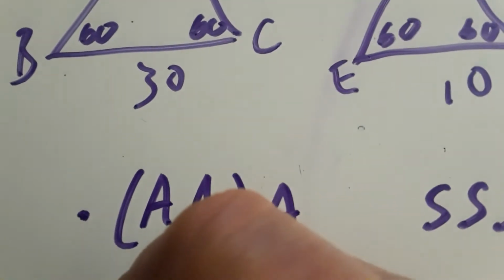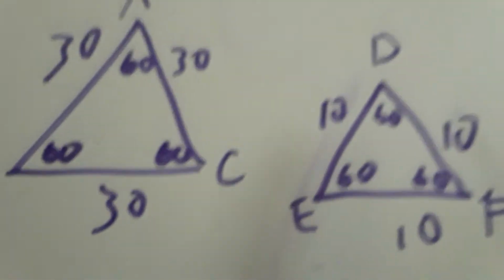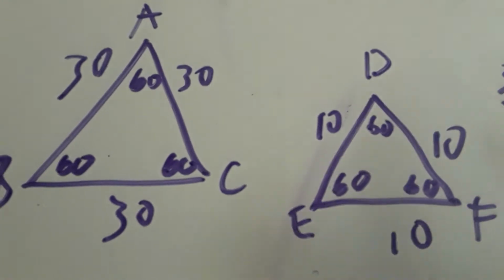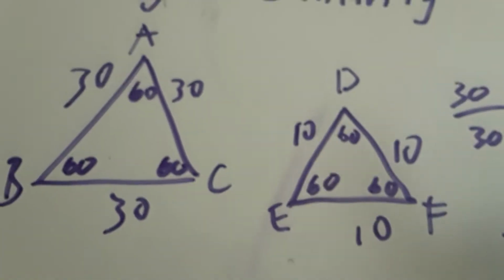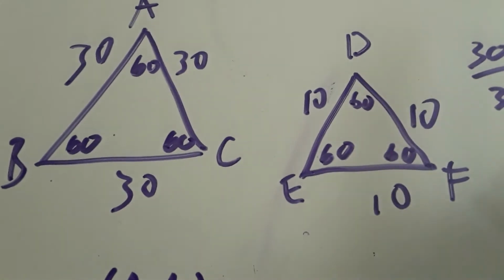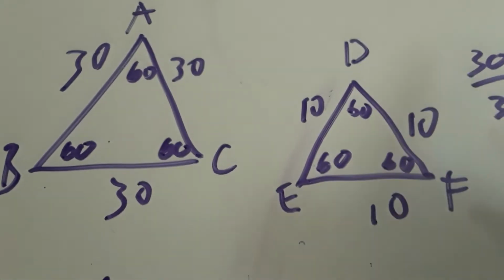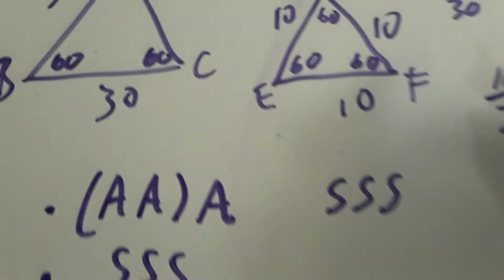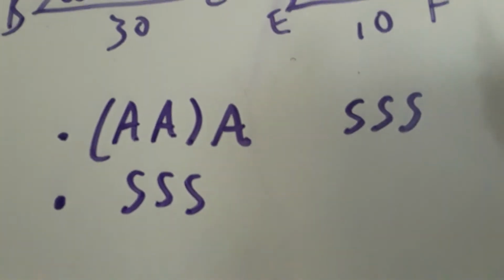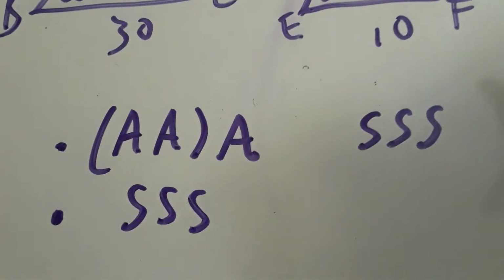Well, you might ask yourself, what about if you automatically prove that three sides are proportional? So in this case, DE is 1/3 of AB, EF is 1/3 of BC, and DF is 1/3 of AC. Now, in this case, it's not enough to prove that two corresponding sides are proportional.